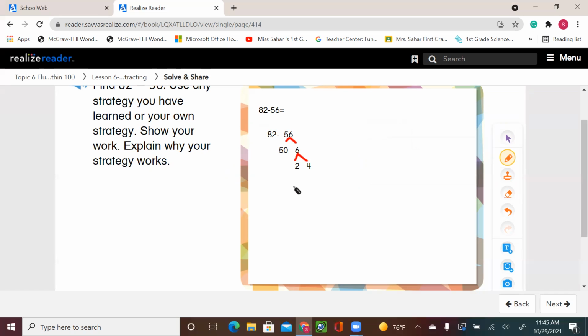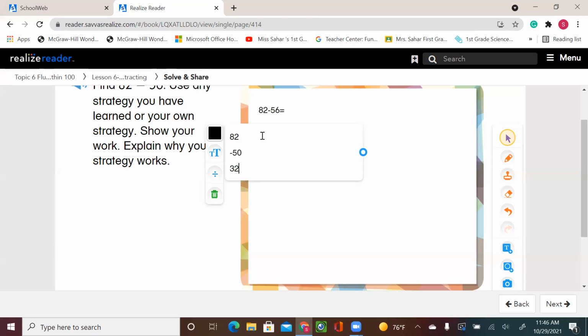All right. So let me write this down. 82 minus 50. Okay, so I have 8 tens, take away 5, that's 3 tens, and my 2 remain the same.